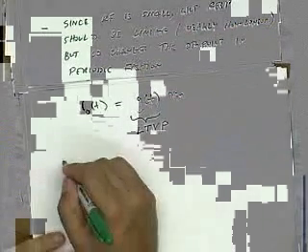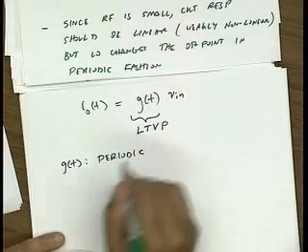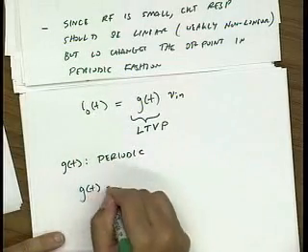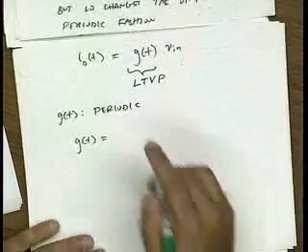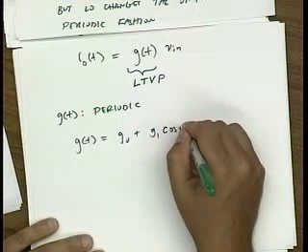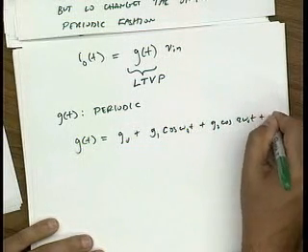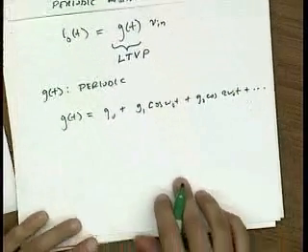And because G of t is periodic, we can write the transconductance as a Fourier series, and so on. Okay?